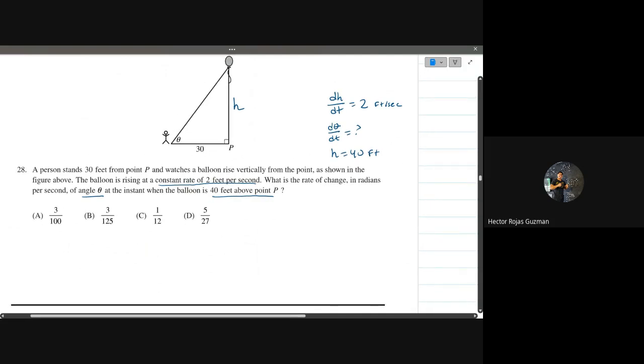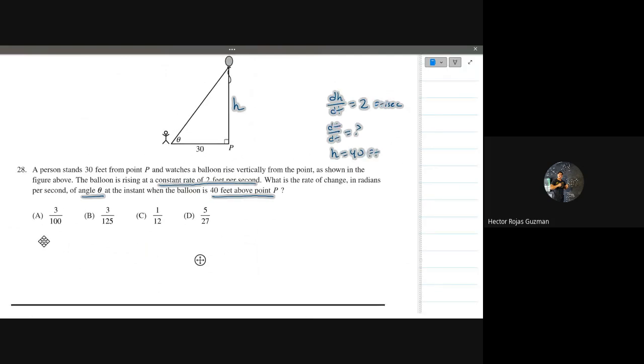Okay, so the first thing we've got to do here is find an equation that relates everything together. For that, we're going to use tangent of theta equals h over 30, because tangent is the opposite over the adjacent. And because we have to find d theta dt, I'm going to isolate it by doing tangent inverse.